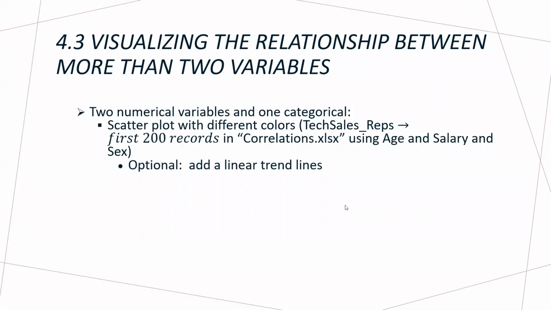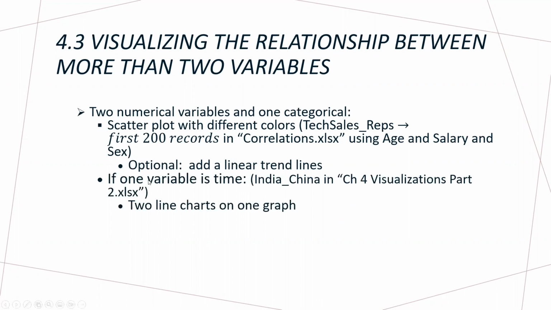Another type of graph that often shows up is if you have two numerical variables where one is time, and another one is categorical. So in this case, creating 2 line charts on one graph is frequently useful.